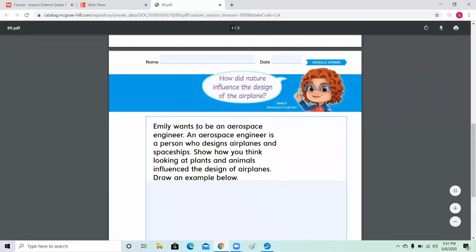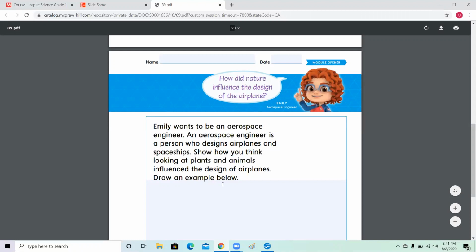So Emily wants to be an aerospace engineer. An aerospace engineer is a person who designs airplanes and spaceships. Show how you think plants and animals influence the design of airplanes. Draw an example below.